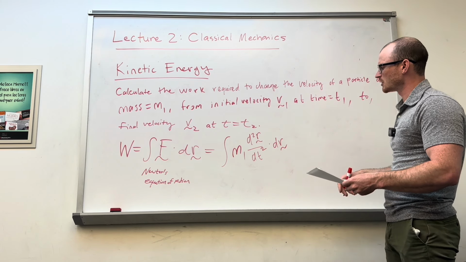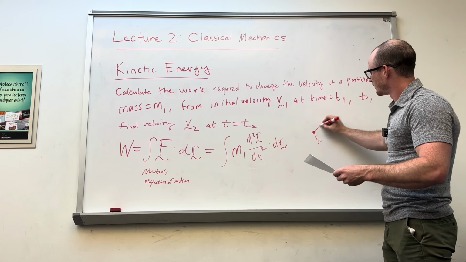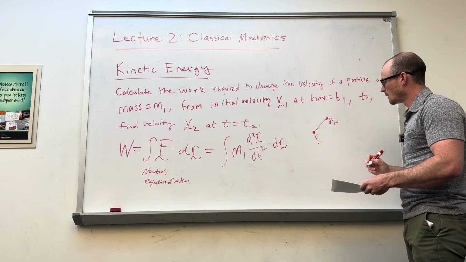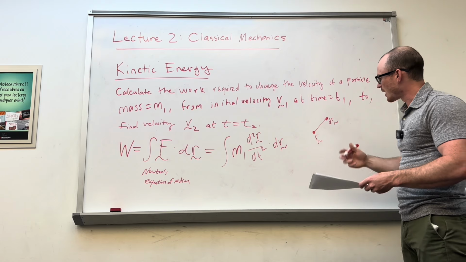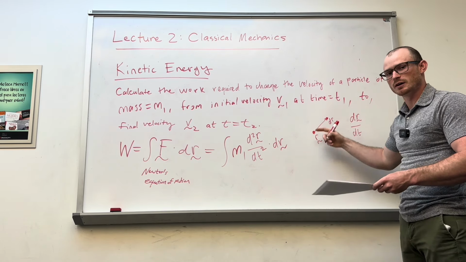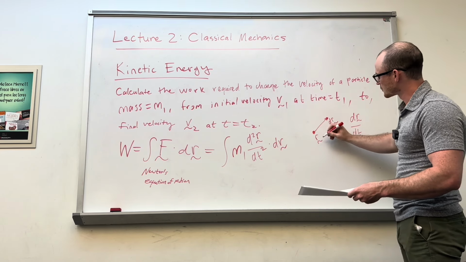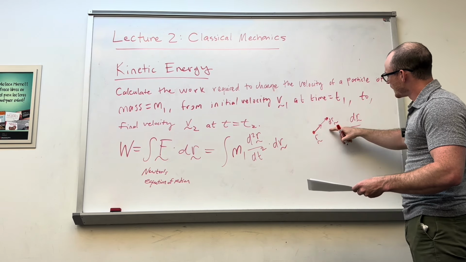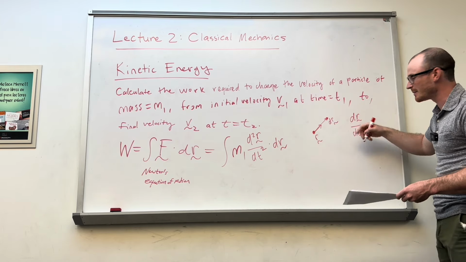How should we think about this change of variables? Well, we have r going to dr, but how does this happen in time? One way we can think about this is that at r there's some velocity, and that velocity is given by dr/dt. The particle is moving in a specific direction with a certain velocity, so the distance that's traveled is the velocity multiplied by how much time it's traveled.